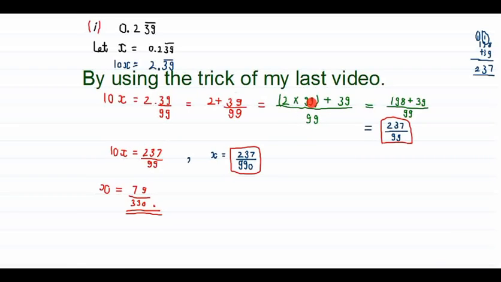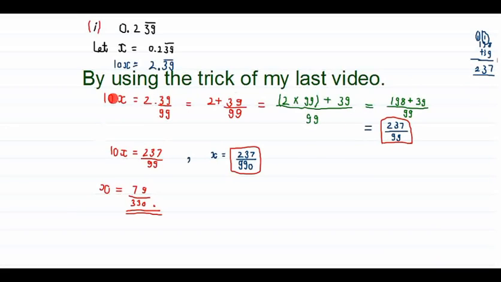So 2 into 99 plus 39 divided by 99, which is equal to 198 plus 39 divided by 99, which is equal to 237 divided by 99, because 8 plus 9 is 17 and 1 carry, 9 plus 3 is 12 and 1 carry, so 3 and 1 carry, 1 plus 1 is 2. So 237 divided by 99.